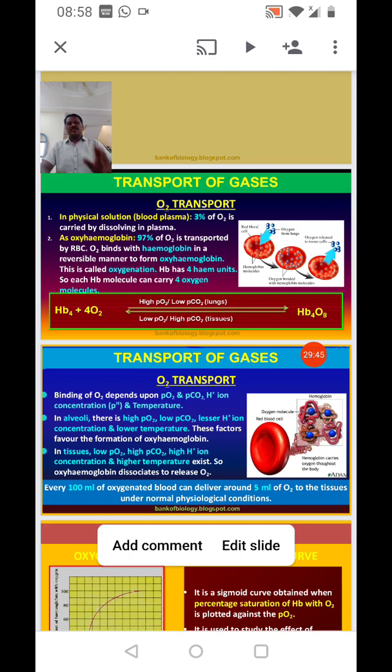So you should remember that hemoglobin transports oxygen from alveoli to the tissues based on 4 factors: PO2, PCO2, H plus ion concentration and temperature. Right?